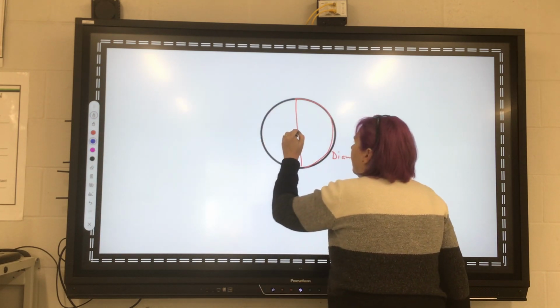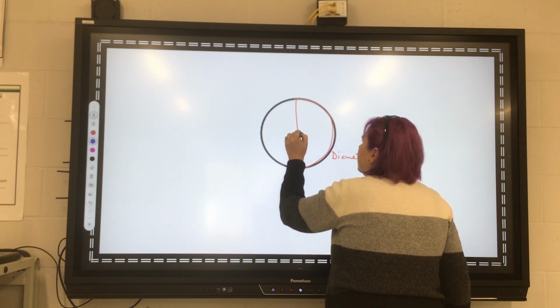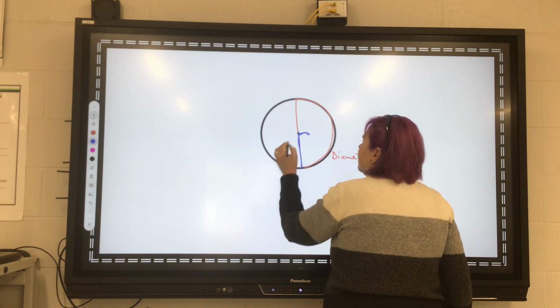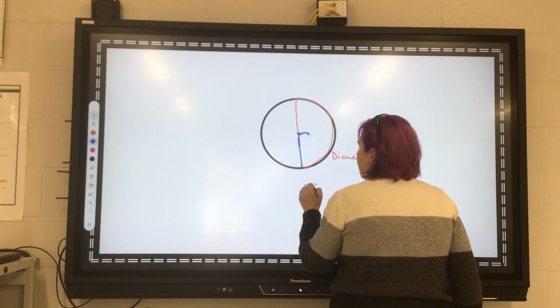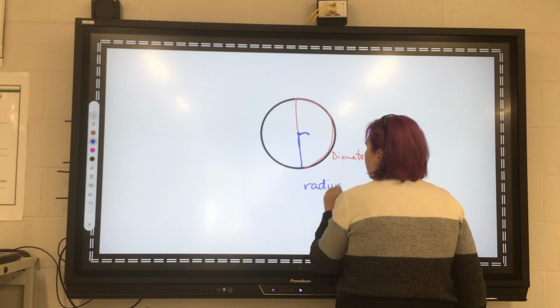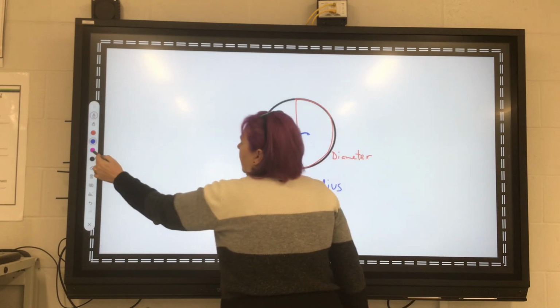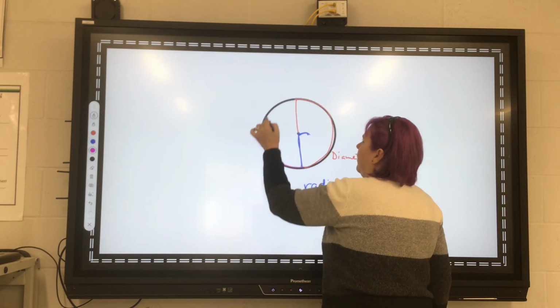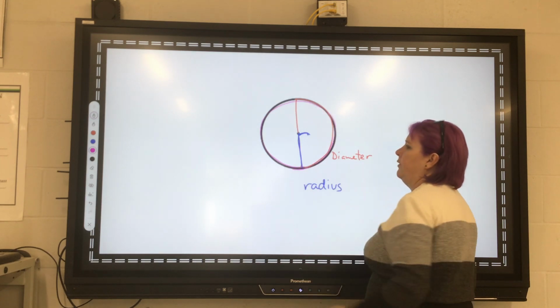Going from the center to the outside edge makes my R, my radius. And going all the way around is my circumference.